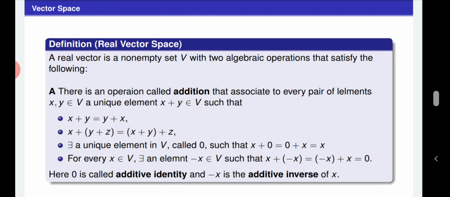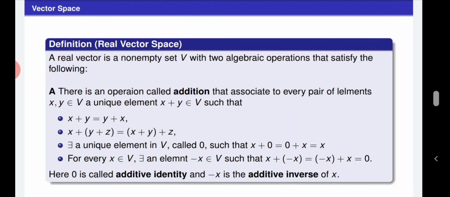There is an operation called addition that associates to every pair of elements x, y belongs to V a unique element x plus y belongs to V such that x plus y equal to y plus x, and (x plus y) plus z is equal to x plus (y plus z).